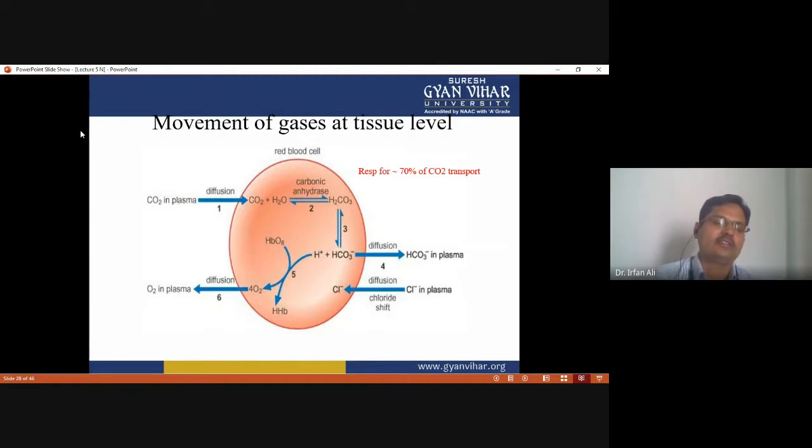While you see that the membrane is impermeable to the cation, so the hydrogen ion cannot diffuse out even though there is a high concentration of hydrogen ion. So it helps in the unloading of oxygen into the blood. Okay, so that's why there are two significances of chloride shift: the first is to maintain electrical neutrality, and second is to help in unloading of oxygen into the plasma.